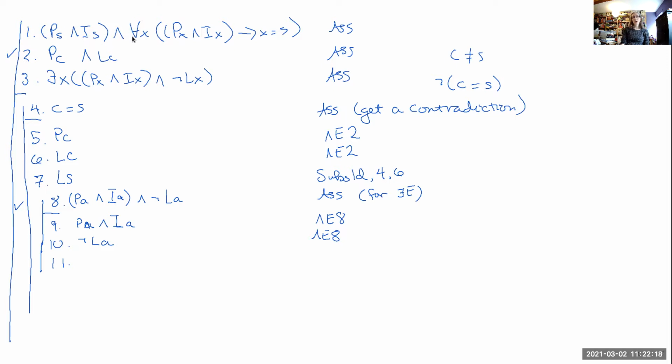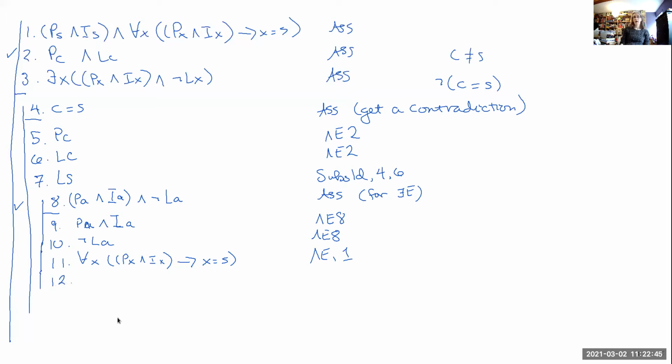And in particular, let's pull out this universally quantified sentence because it's probably going to be the easiest. So for every X, if it is both P and I, then it equals S. So that's another conjunction elimination on line 1.